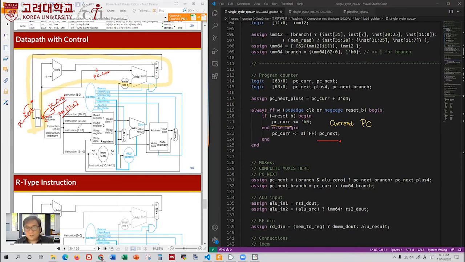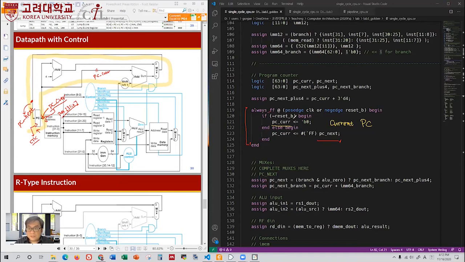You may think, oh, there is no reset or clock signal in this figure, but this is the single cycle processor. So the program counter value changes at every rising edge of the clock. This PC is a register, and this PC register receives the clock signal, so it's synchronized by the clock signal. This code implements this PC register.